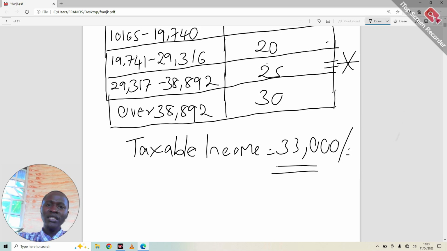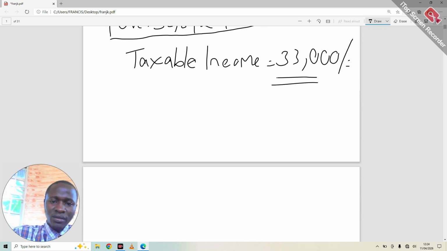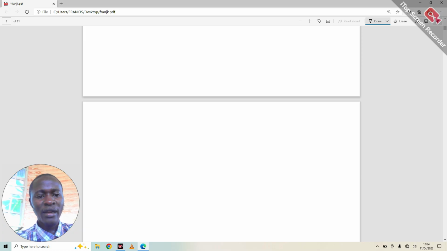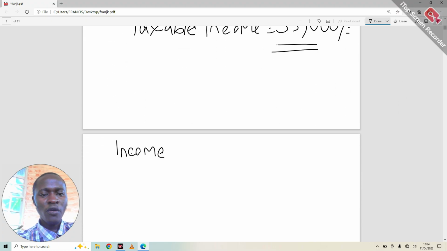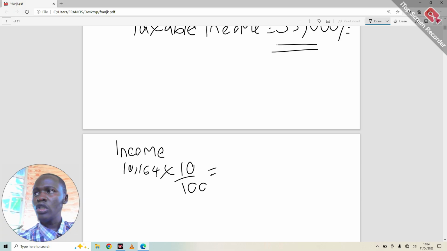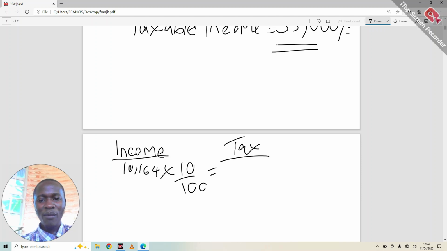So let's start. I always encourage this kind of arrangement. This side we have income, so income is 10,164. You multiply it by 10 all over 100. What you get on this side is always tax. There's a reason why I'm arranging it this way, you'll come to realize later.